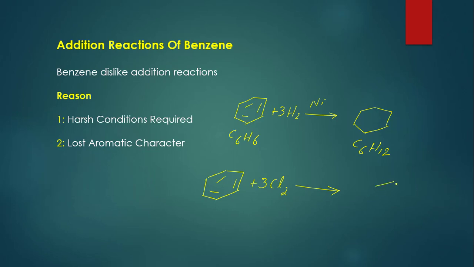All the double bonds are broken down, and on each carbon we get a chlorine, 3 times 2 is 6 chlorines. Because this is an addition reaction, the product is no longer aromatic. It is simple cyclohexane with 6 chlorines.